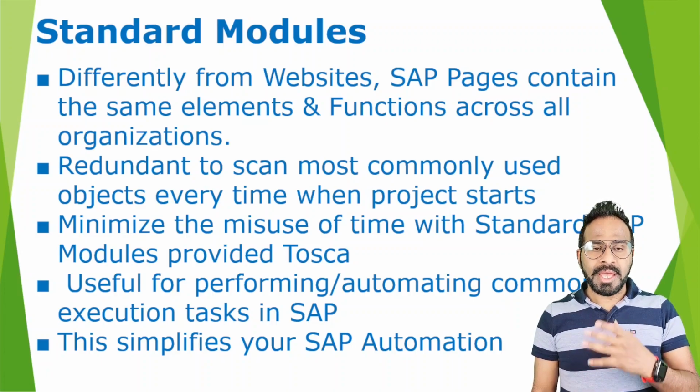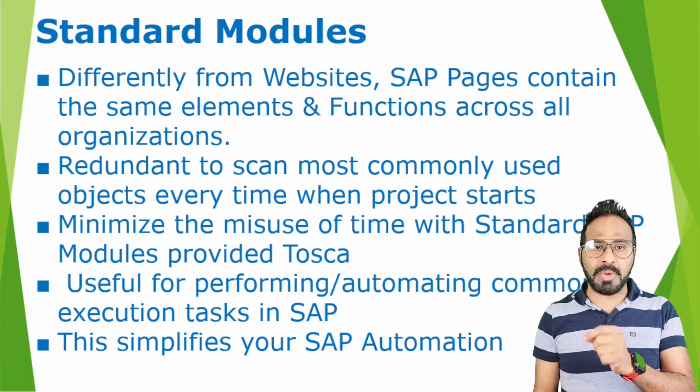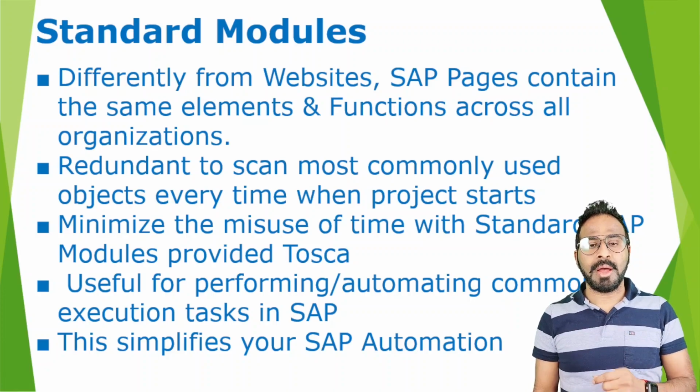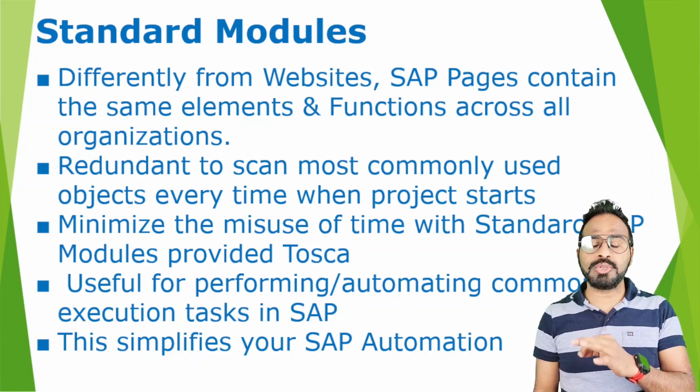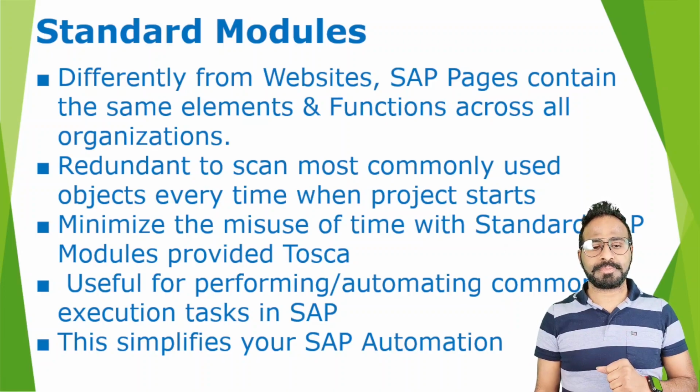And hence, to minimize the misuse of time, we have standard SAP modules. So basically the standard controls that are common, that contain the same elements and functions, you can minimize the time by using the standard modules provided by TRICENTIS Tosca.